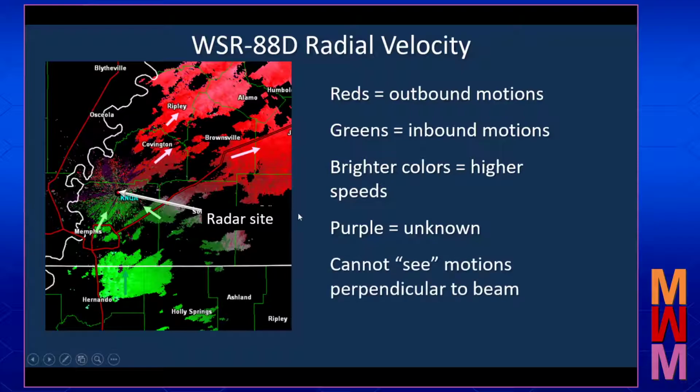Now, one important thing to remember about Doppler velocity data is that we can only see motions toward or away from the radar. We cannot see motions that would go across the radar beam, perpendicular to the radar beam. And that makes looking at and interpreting velocity images a little challenging sometimes.